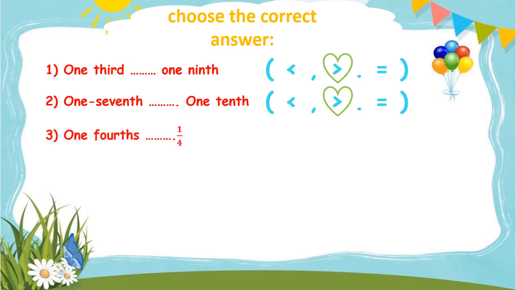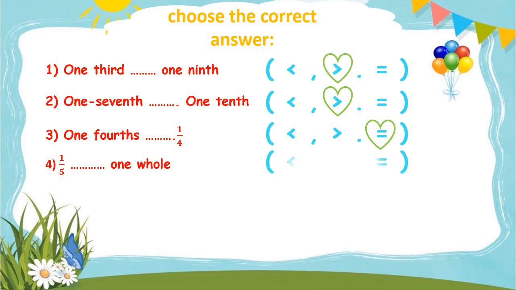The third one, 1/4 and 1 out of 4. We will put less than, greater than, or equal. Super, equal. 1/4 equals 1 out of 4. What about 1/5 and 1 whole? We will put greater than, less than, or equal.